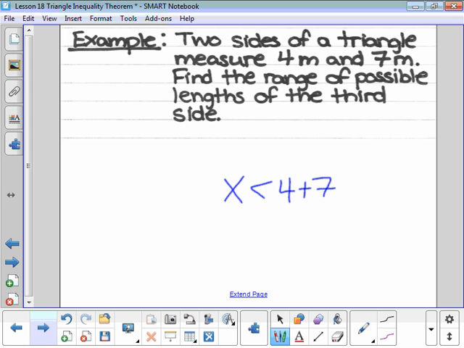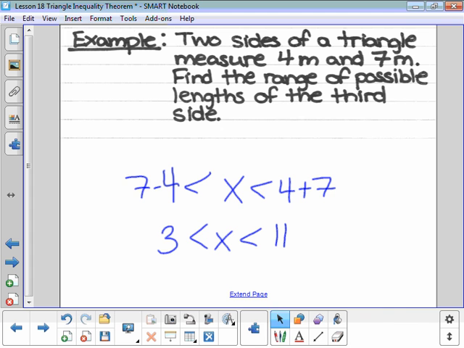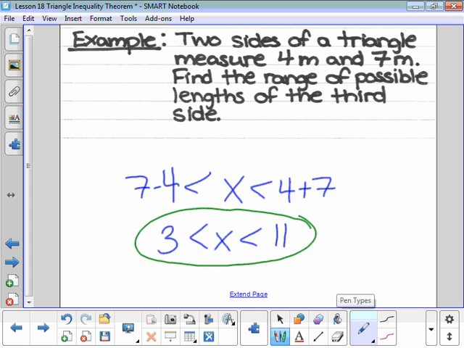It also needs to be bigger than some number, which is my two sides subtracted. So in this example, I'm bigger than 3, and I need to be less than 11.